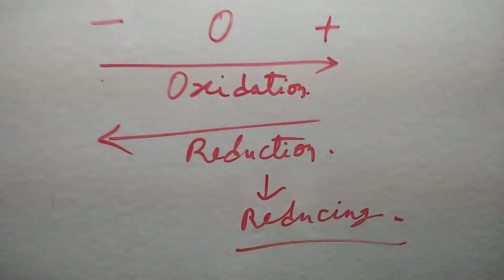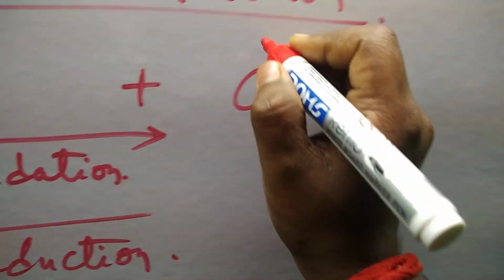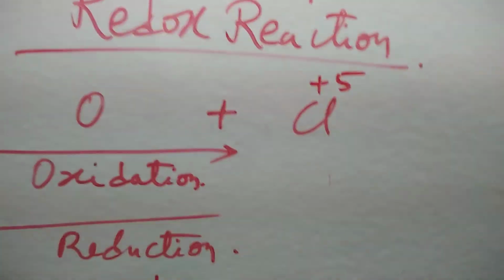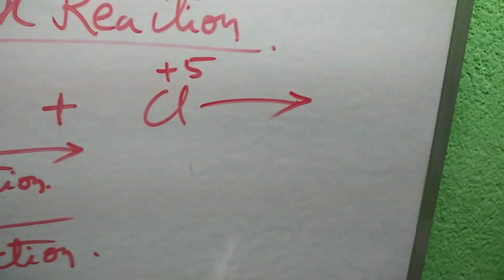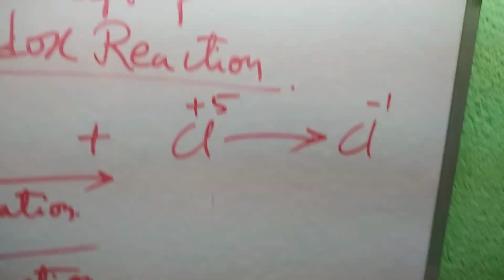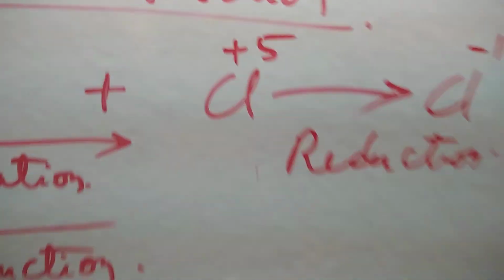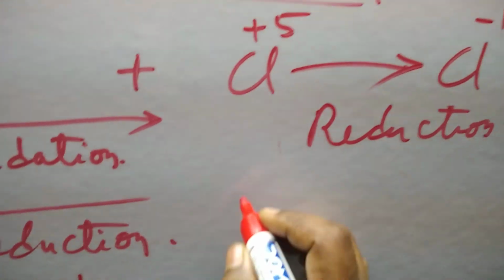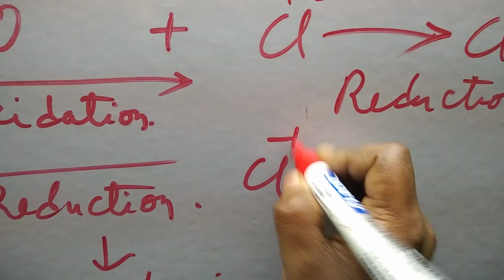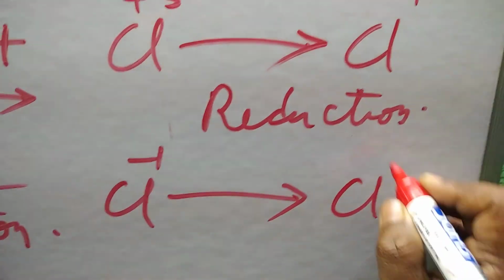Okay students, such as for chlorine, if in the reactant side the chlorine is in +5 state, and in the product side it becomes Cl of -1 charge. See, from plus to negative, that means it is reduction. And if it happens like this, in the reactant side chlorine is -1, and in the product side it becomes +3.